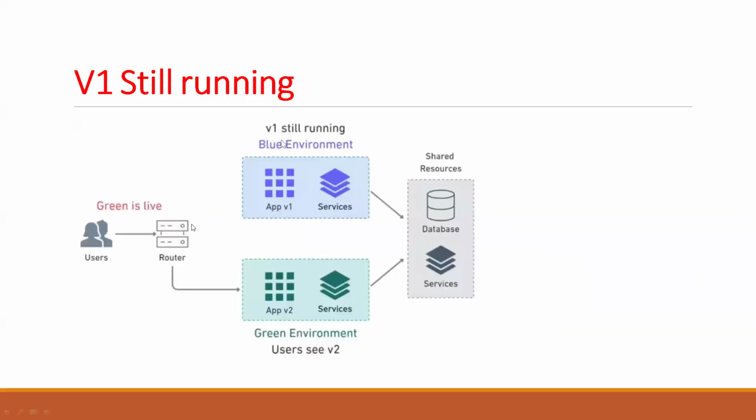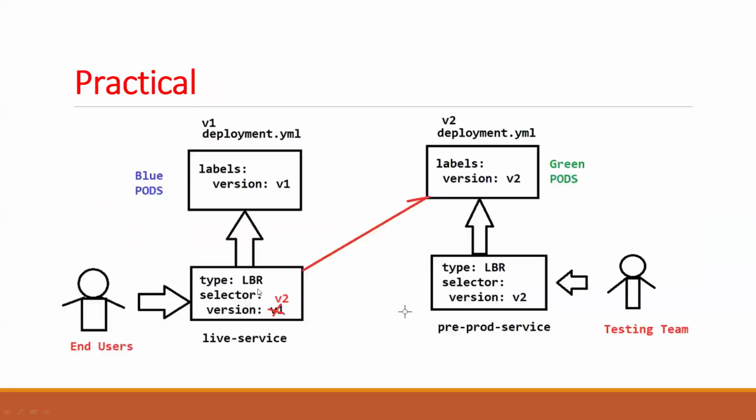So this is, for example, the service. If you want to point to this, load balancer for outside exposure purpose. Something like the green deployment pods are live, and I want to select this load balancer, this live service. This is a pre-prod service.